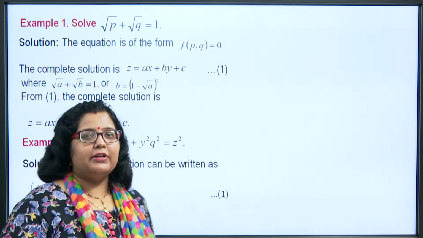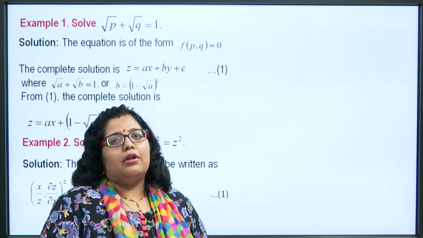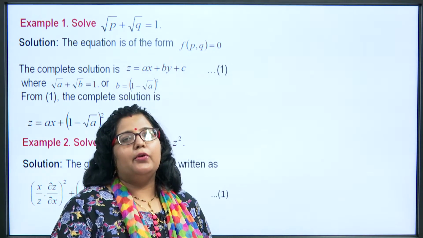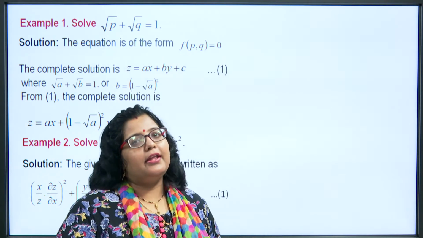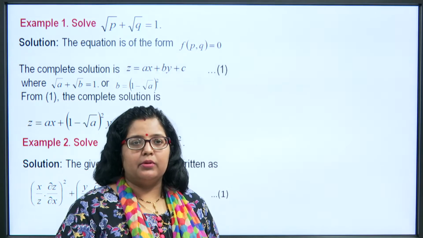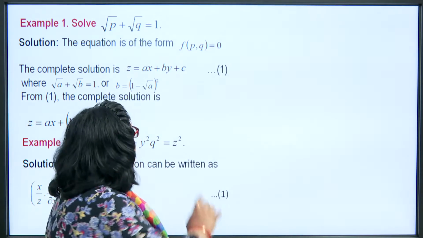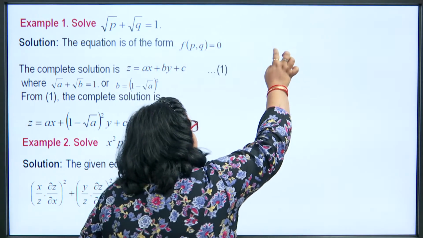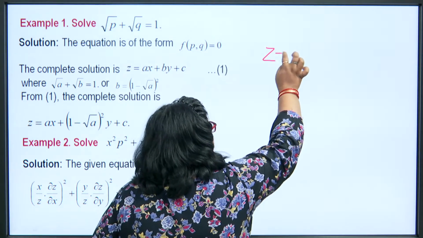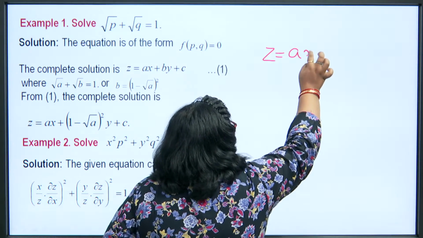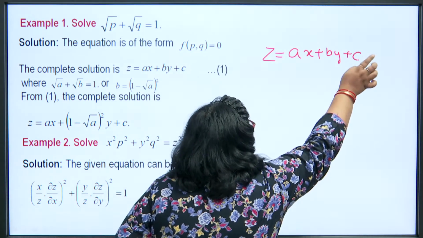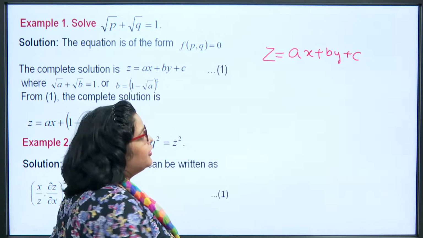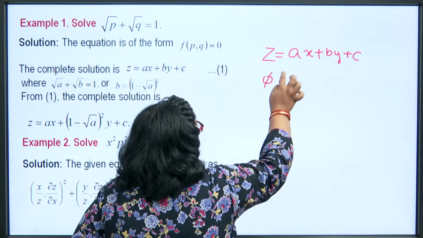This is the first example: solve under root p plus under root q equal to 1. Here we see that this equation contains only p and q, so this is type first. Firstly, write the solution z equal to ax plus by plus c, and to find the solution, there is a relation between a and b.